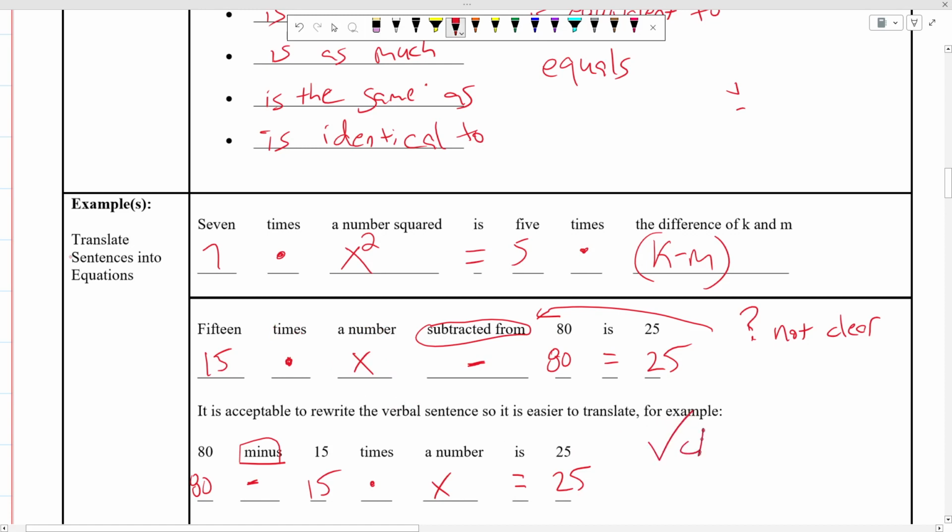This here is more clear at a first glance reading to a reader who may not be well versed in the language of mathematics like you guys are. It's clear, it's logical. Therefore, pay attention to phrases like this, subtracted from, especially when it comes to subtracted from.